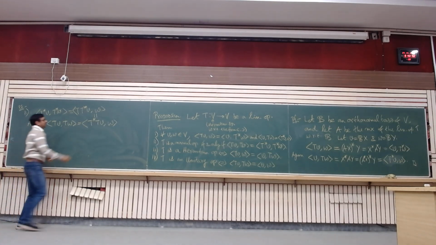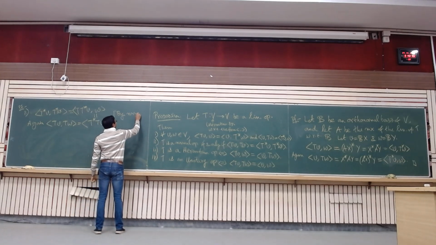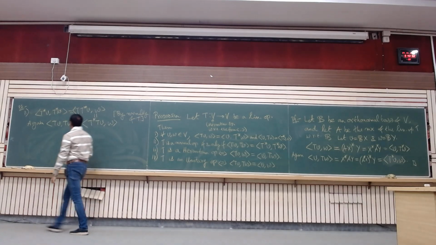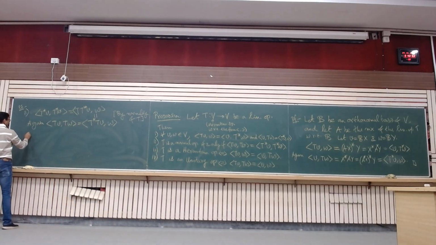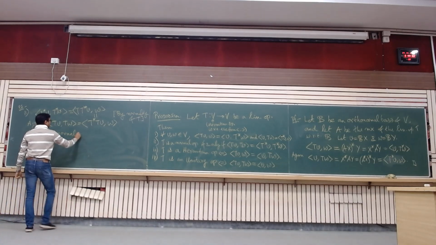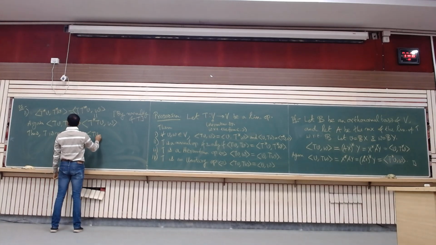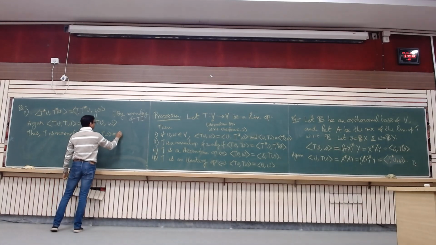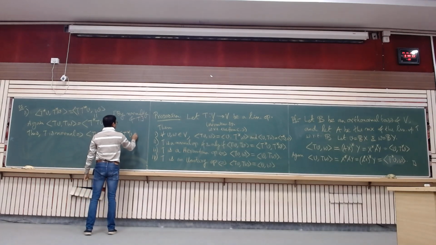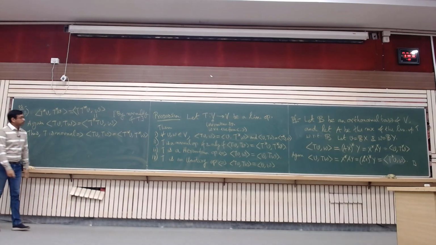So this is by normality of T. Thus T is normal implies that ⟨TV, TW⟩ is equal to ⟨T*V, T*W⟩, right? But this was an if and only if condition.